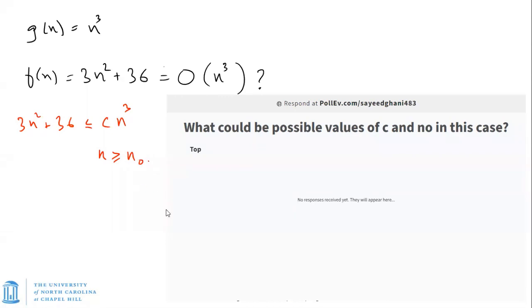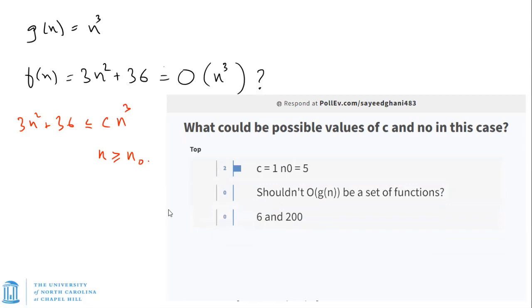Again, you could pick some numbers out of a hat, and you've probably got a good idea that if you picked 1 million for c and 1 million for n naught, it would work, right? But let's see if smaller numbers can be used to satisfy that. What would be the smallest value of c that would satisfy this?